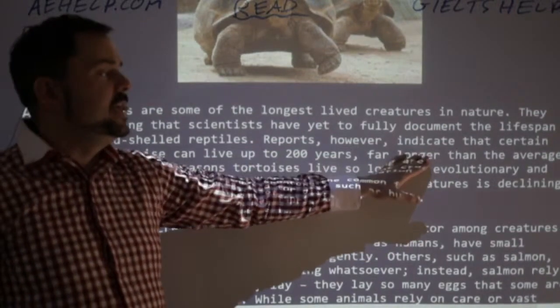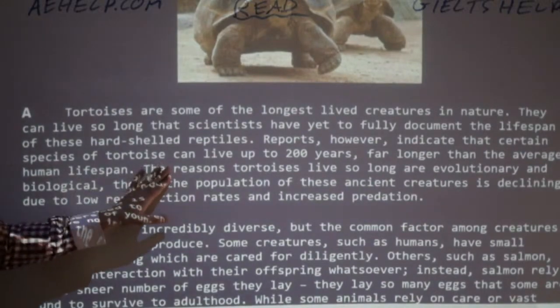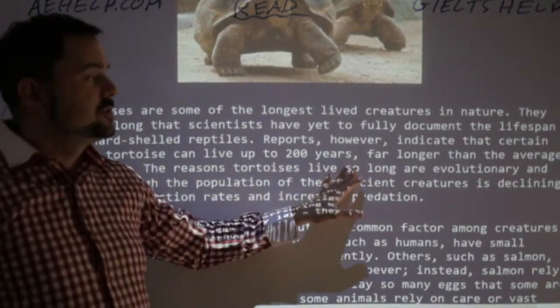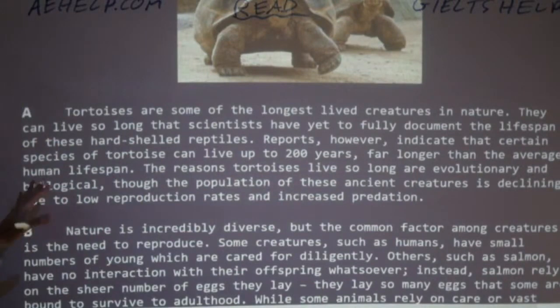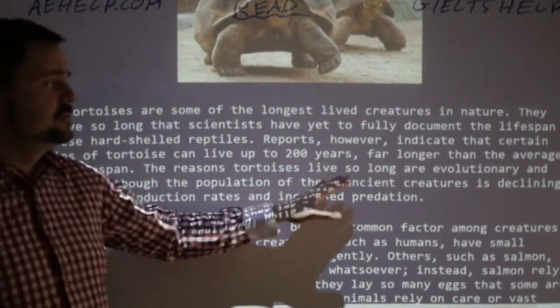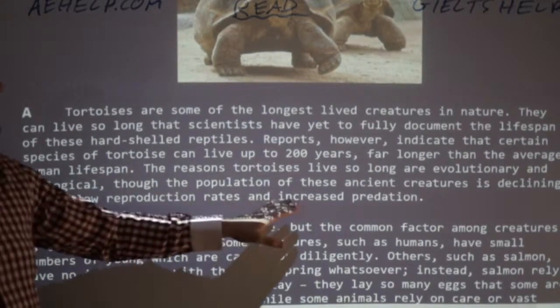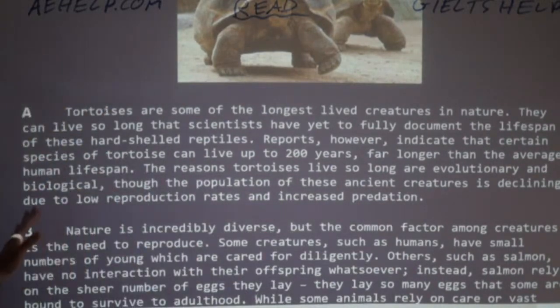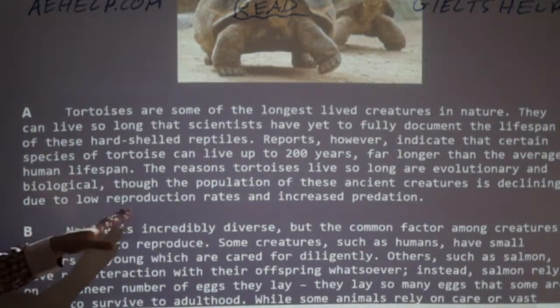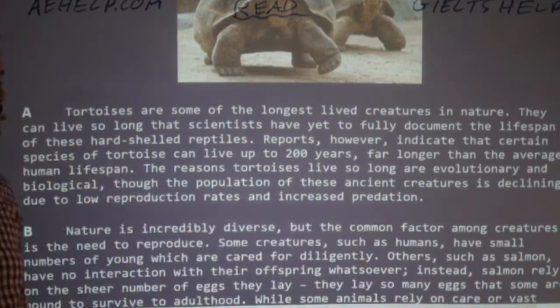Reports, however, indicate that certain species of tortoises can live up to 200 years, far longer than the average human lifespan. The reason tortoises live so long are evolutionary and biological, though the population of these ancient creatures is declining due to low reproduction rates and increased predation.